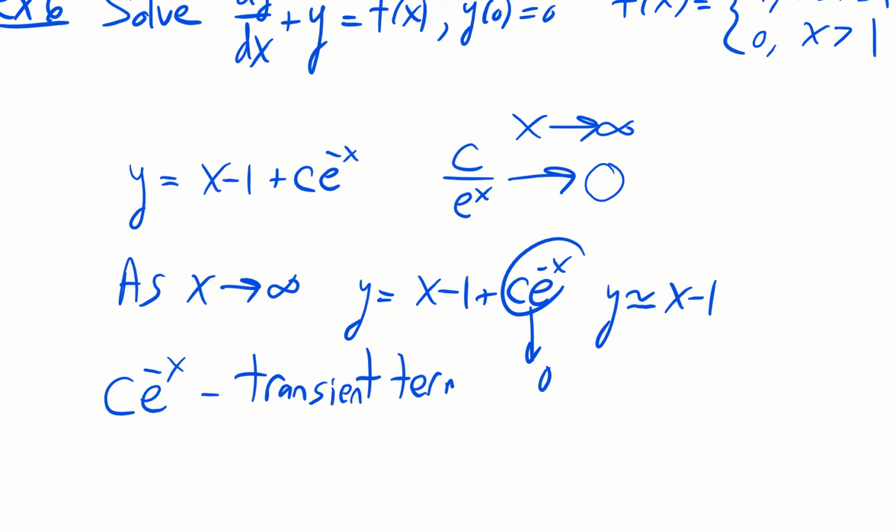A transient term is any term that goes to 0 as the independent variable goes to infinity. Okay? And we will see some of these in solutions, and they sometimes have a major importance when it comes to applied problems.